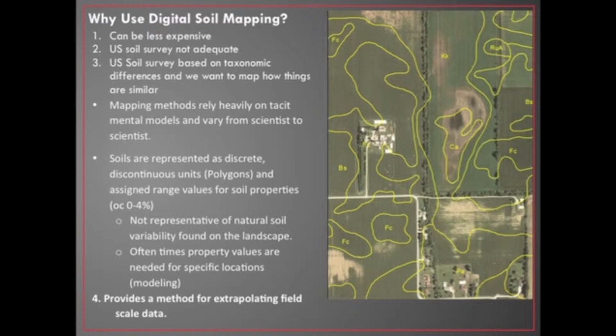Each polygon is going to have one value, even though we know soil is more variable than that. So that's not representative of the natural landscape. And oftentimes we need specific property values with more variation to feed our models, or also inform decisions such as where do we set up our field trials without really understanding soil variability. And also, digital soil mapping can provide a method for extrapolating our field scale data to a regional scale, which is another big goal of this project.